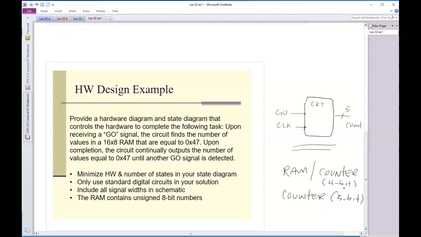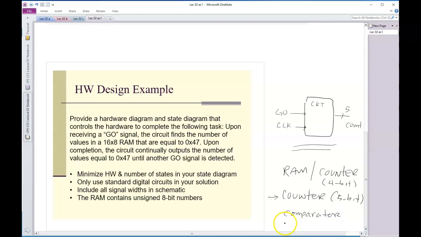I only need to do 16 different things. If you look at the problem, there's only one way I can do this. The counter is essentially an event counter that I increment any time I find a 47, and what's going to help me find a 47 is a comparator.